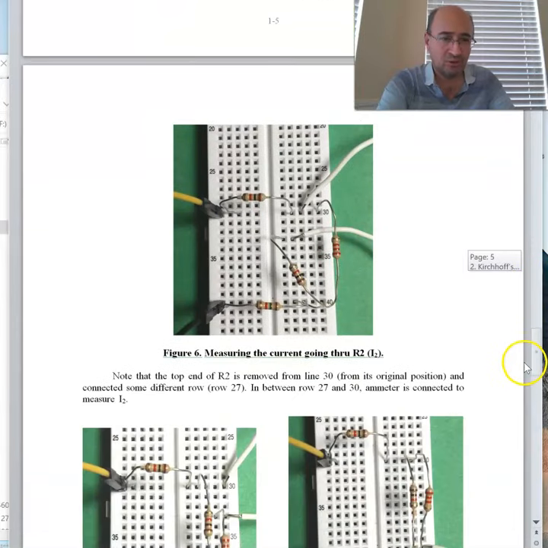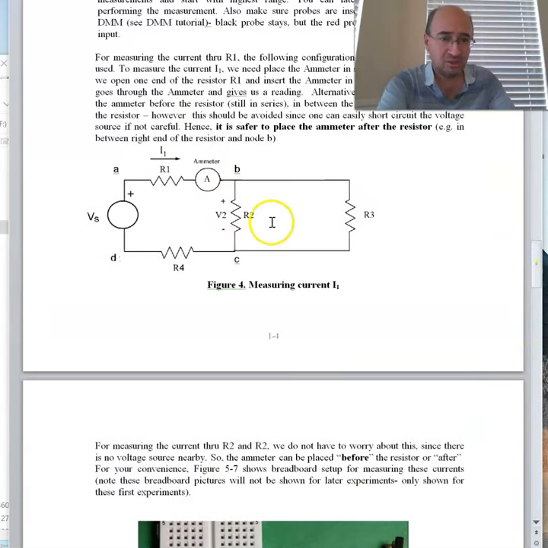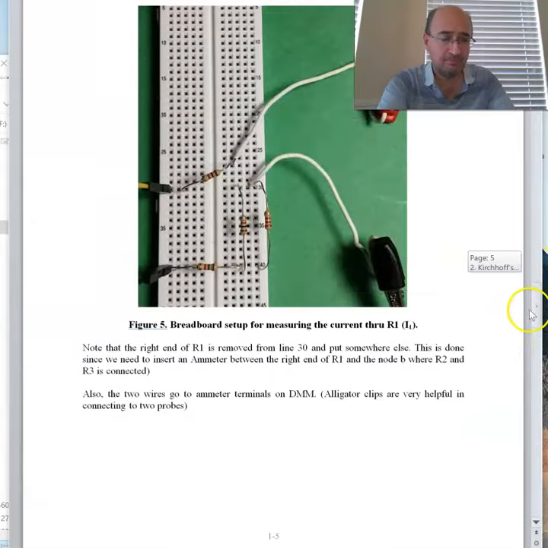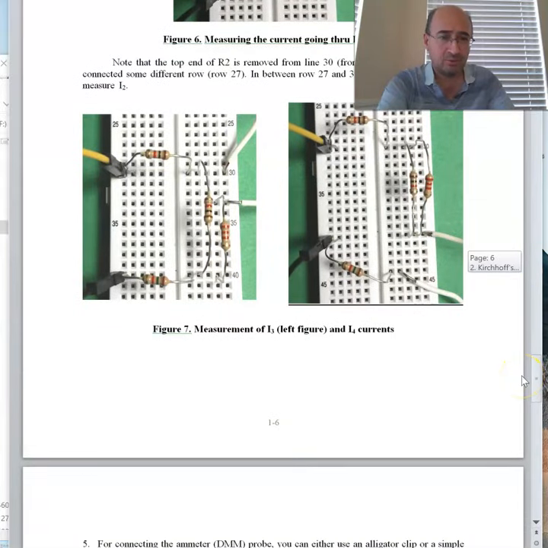And this one shows how you're breaking this connection so that you can insert the ammeter for measuring the current through the R2 resistor.